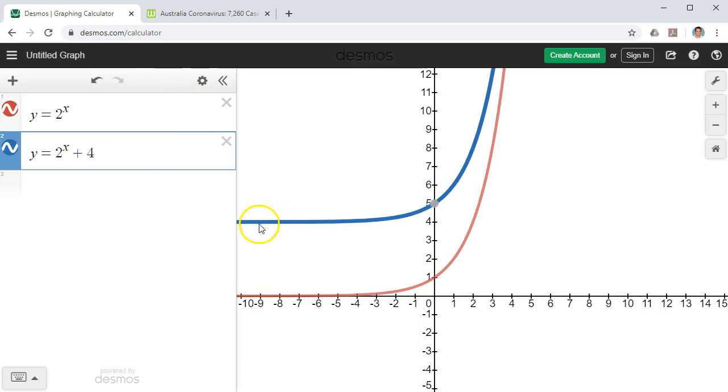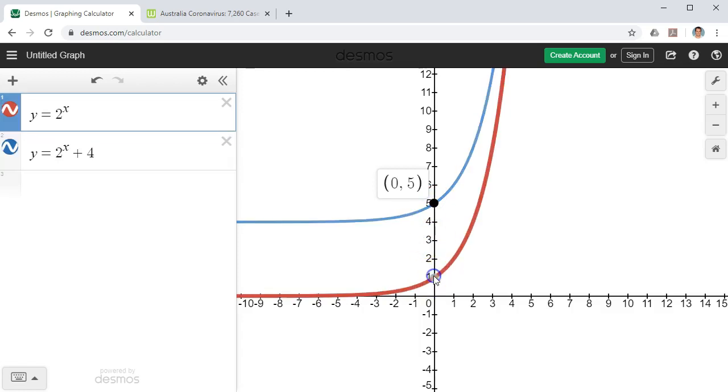You'll notice that our new graph, the blue one, is just 4 places above the red one. You might also notice that it doesn't pass through 0, 1 this time. That is because if you take the point 0, 1 and move it up 1, 2, 3, 4 places, it is now 0, 5.